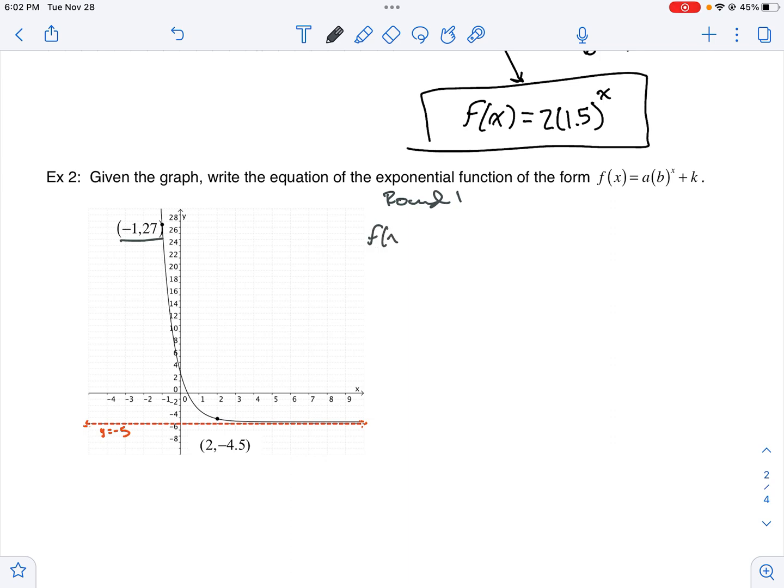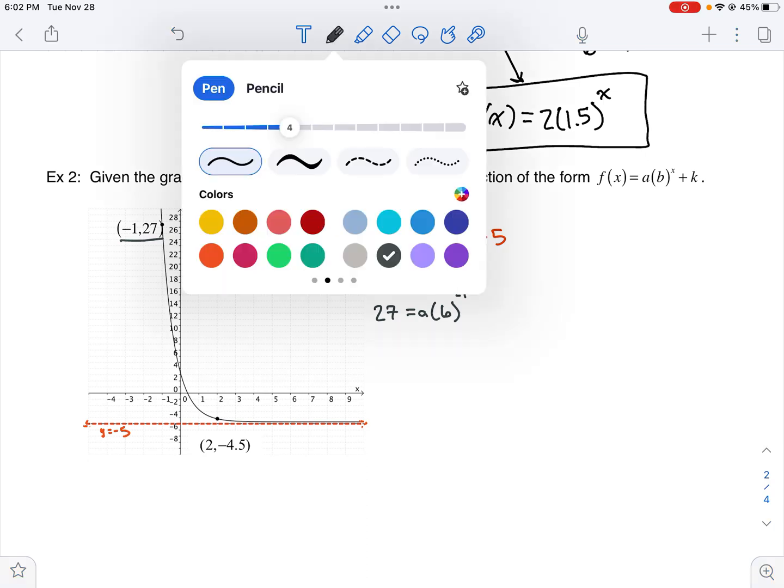So f of x equals a times b to the x. But we have to remember that -5 to account for. So if we use (-1, 27), so 27 equals a times b to the -1, and I still have that -5.